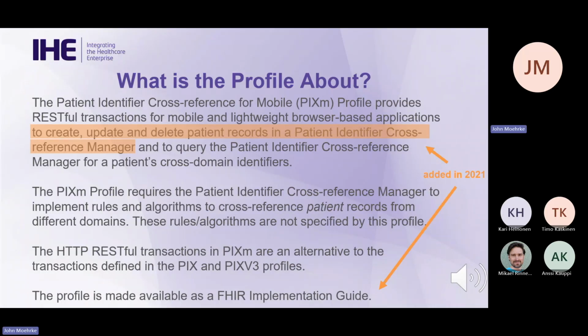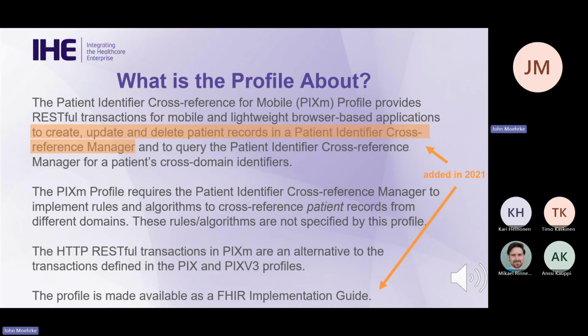All right. So PIXm, again, it started a long time ago as PIX, Patient Identity Cross-Referencer. It was based on HL7 V2. We created a V3 along the way. And of course, we then looked at when FHIR comes along, how do we do PIX with FHIR?